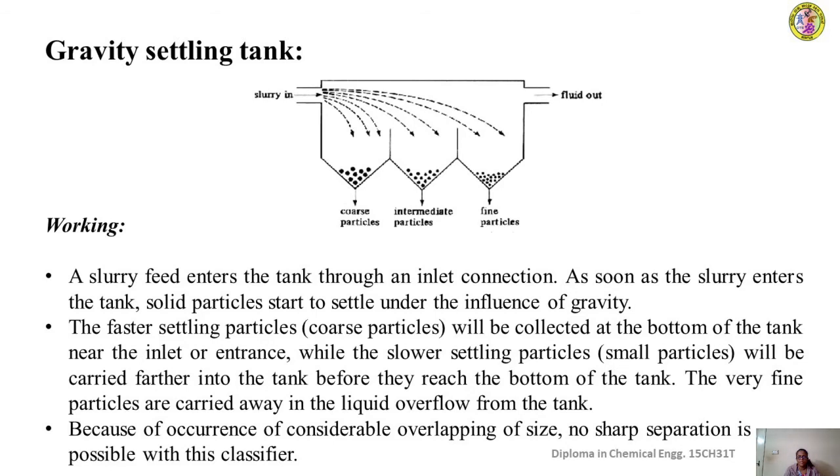Like this, we can have four different fractions of particles separated from a gravity settling tank. As I already told you, because of the considerable overlapping of sizes, no sharp separation is possible in this kind of classifier.